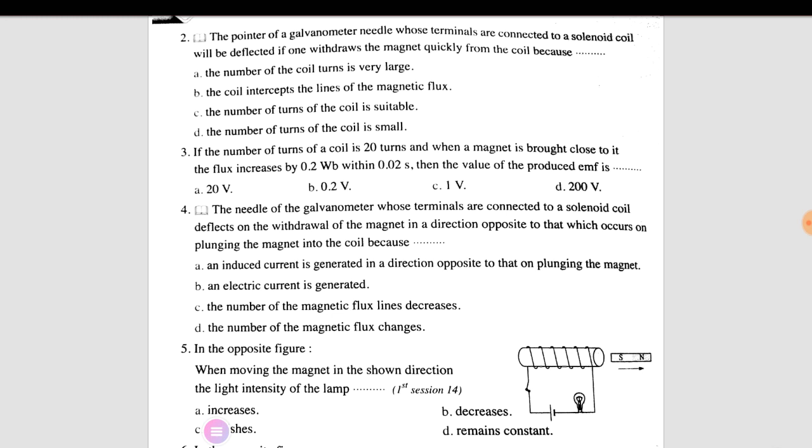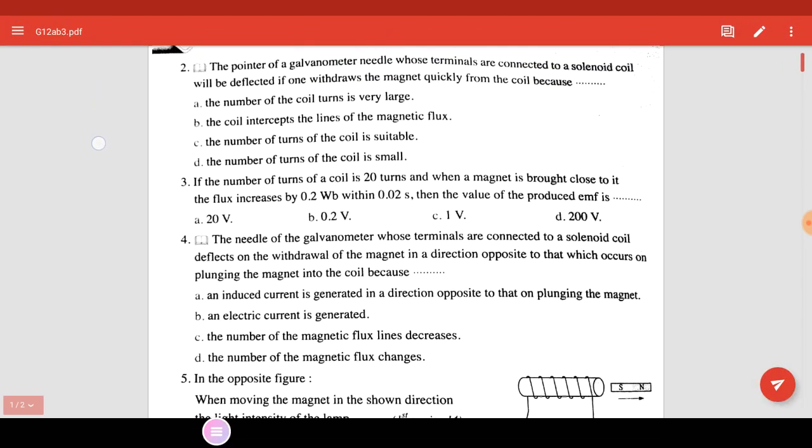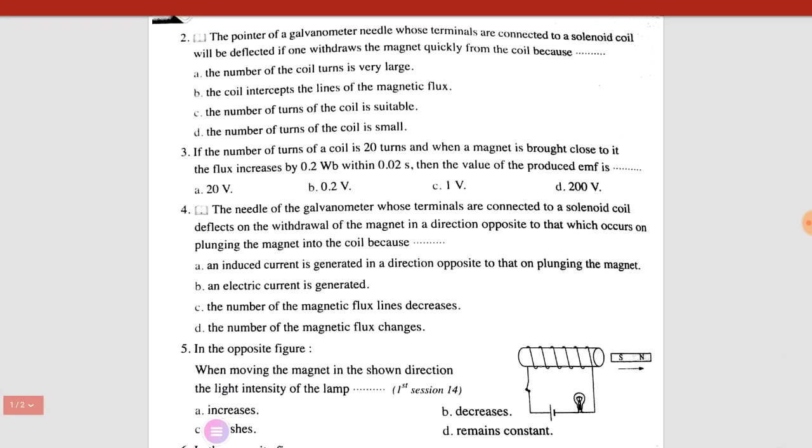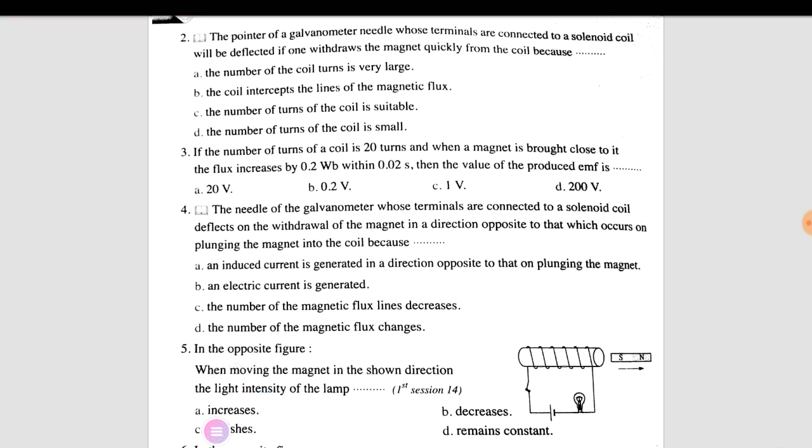Because the number of turns of the coil is very large, the coil intercepts the lines of the magnetic flux, or the number of turns of the coil is suitable, or the number of turns is small.